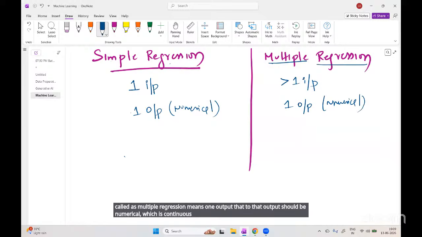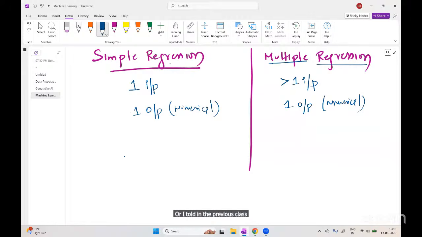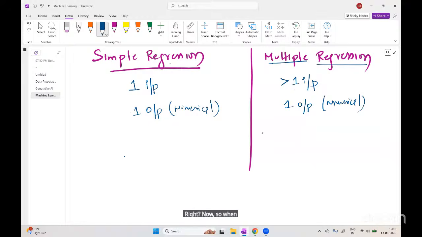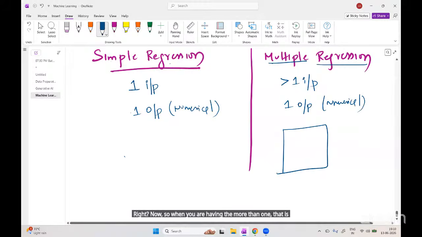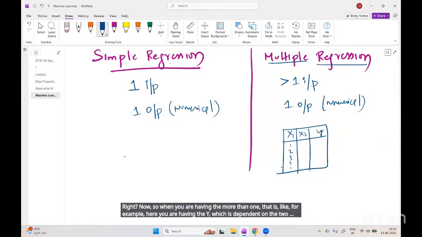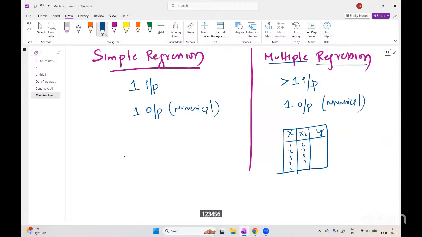I already told in the previous class what continuous is. For the new students who are attending the workshop in today's class, output is numerical, in a simple way. Right? Now, when you have more than one input, for example, here you have y, which is dependent on two columns: 1, 2, 3, 4, 5, 6, 7, 8, 9, 10, 11, 12, 13, 14, 15.